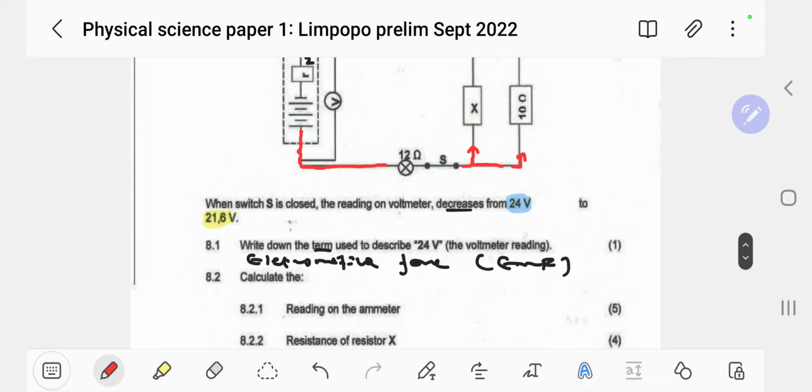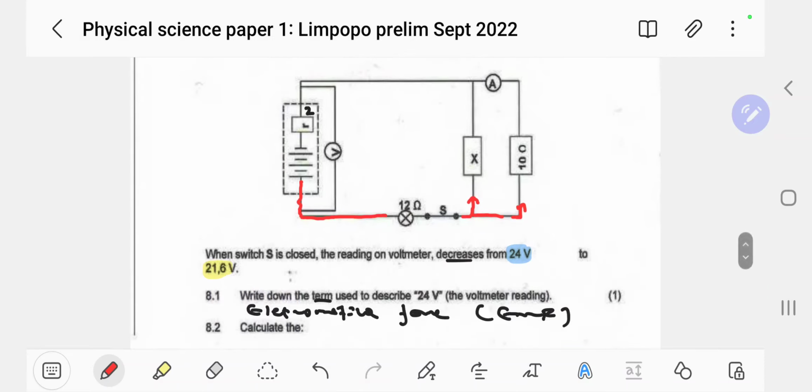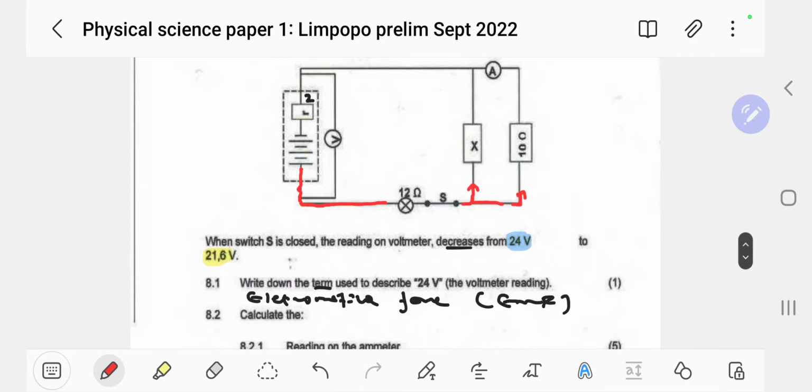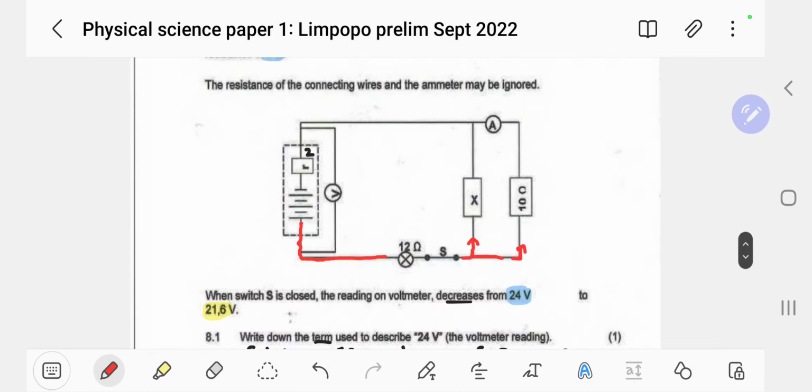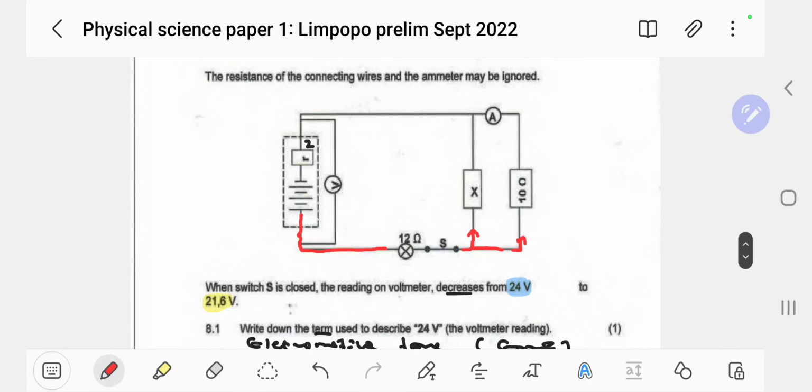How are we going to plan it? We know the external voltage is that. We need to do ourselves a favor here. This question is quite hectic. There is no one single way. You're just going to have to do probably 2 steps here or 3. At times when it's 5 marks, you may need even 3 steps.